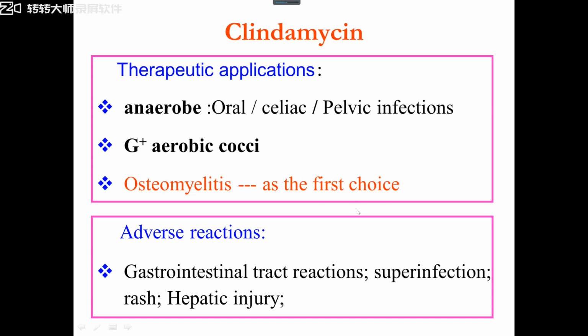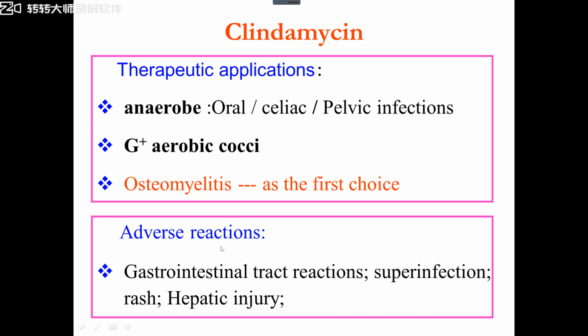Why? I just explained the reason, because of the high concentration in the bone tissue. So, which drug is the first choice agent for the treatment of osteomyelitis? You should know this drug: clindamycin.